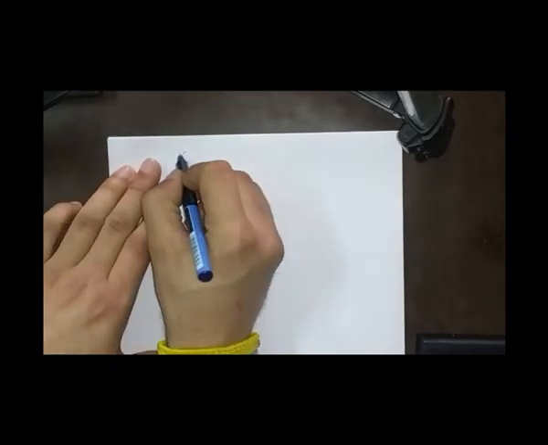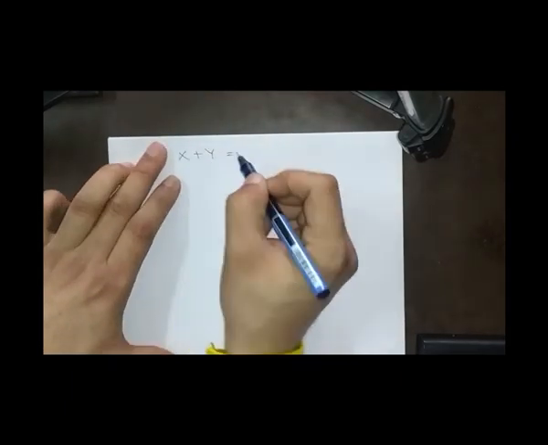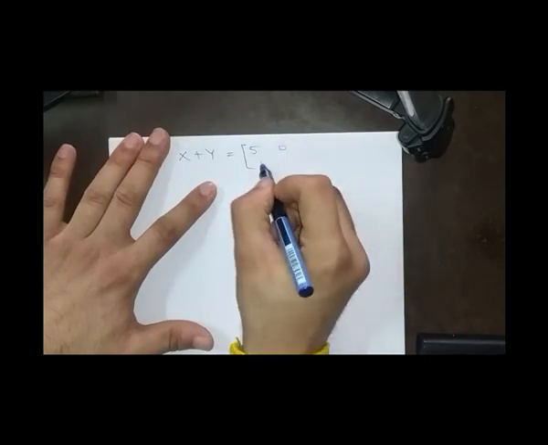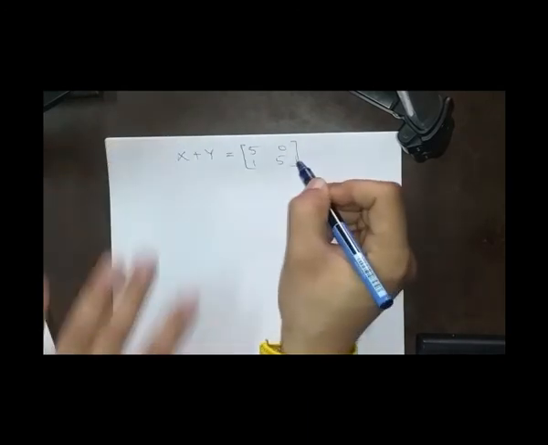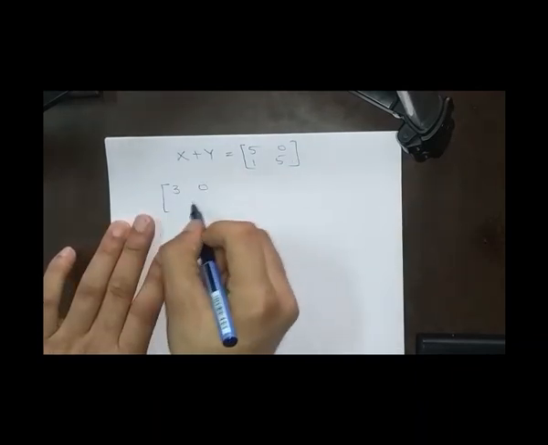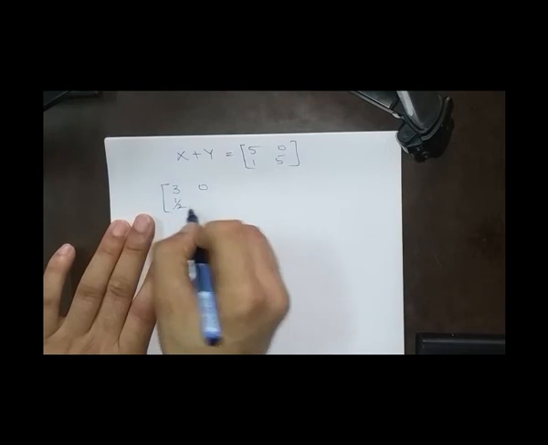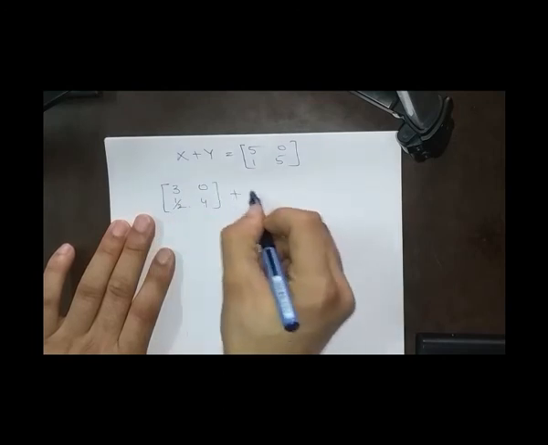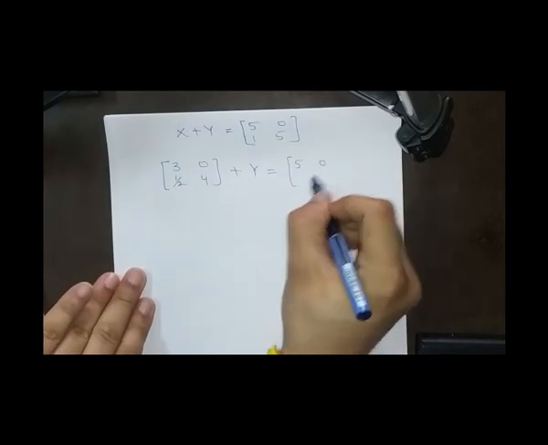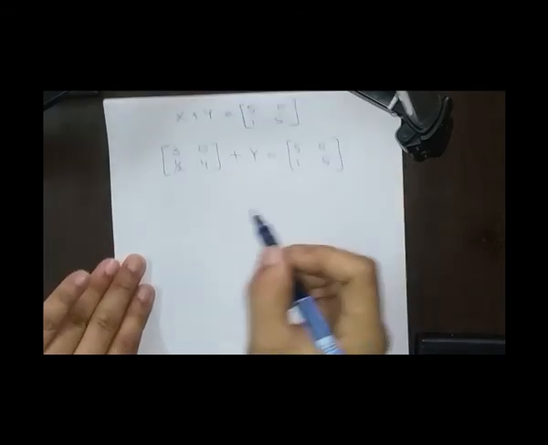We know that x plus y is equal to 5015, and x is 3 0 1 by 2 4, so 3 0 1 by 2 4 plus y is equal to 5015.